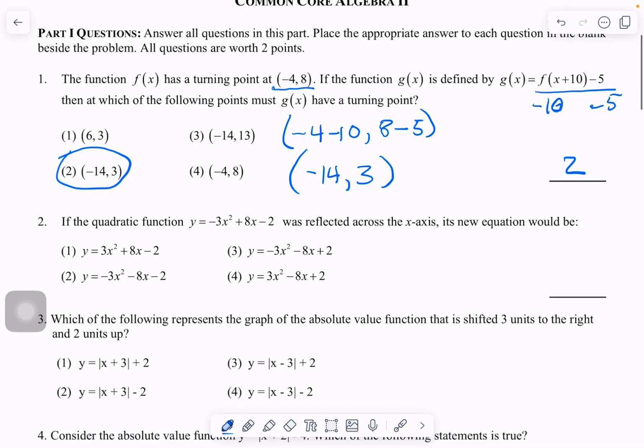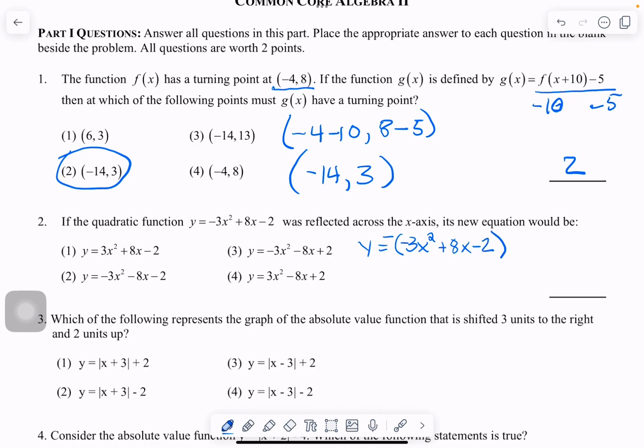All right. Number 2: if the quadratic function y equals -x squared plus 8x minus 2 was reflected across the x-axis, its new equation would be... Across the x-axis we negate the y, so that means we have to negate everything. So the reflected equation would be the negative of (-x squared plus 8x minus 2).